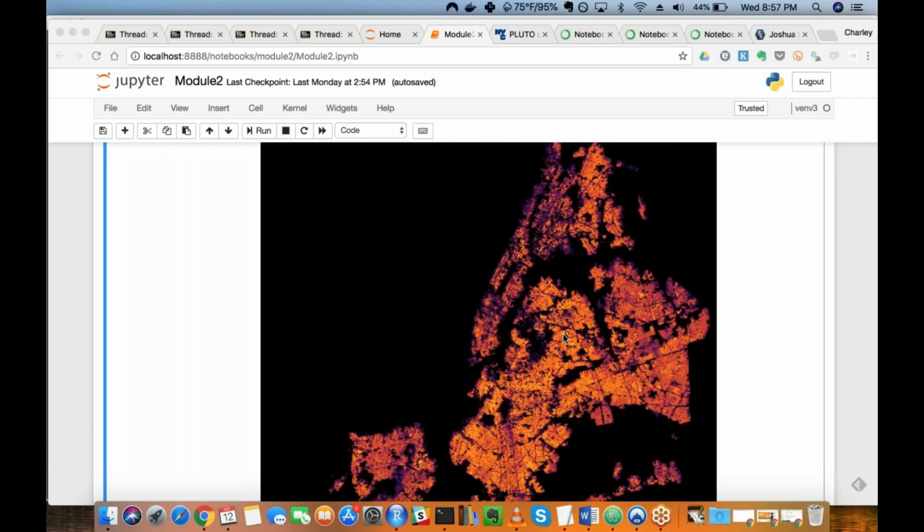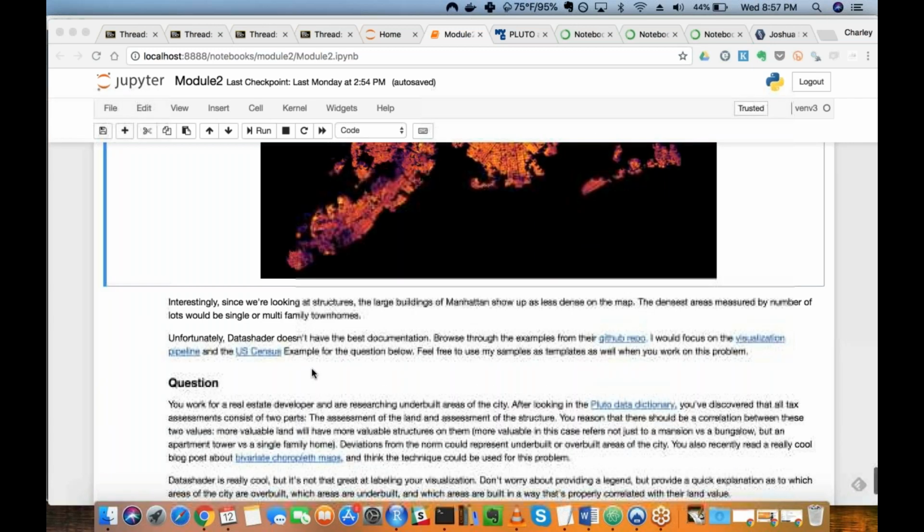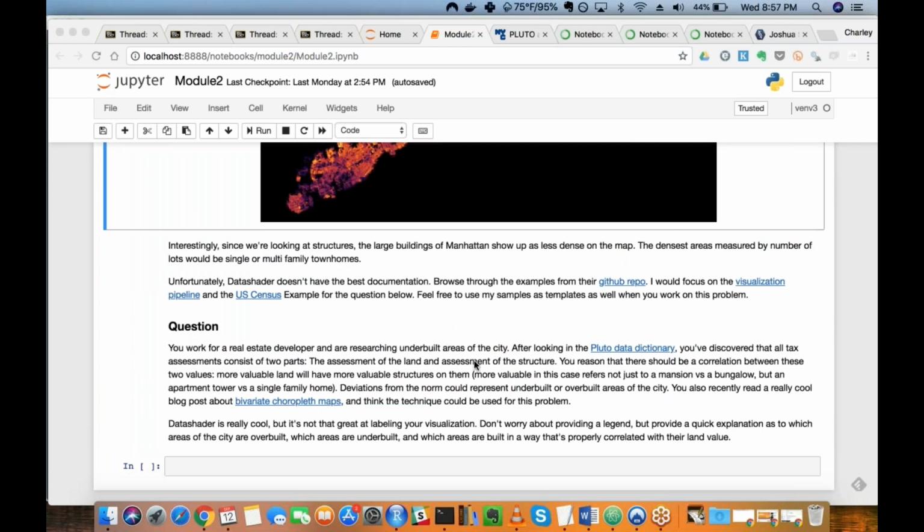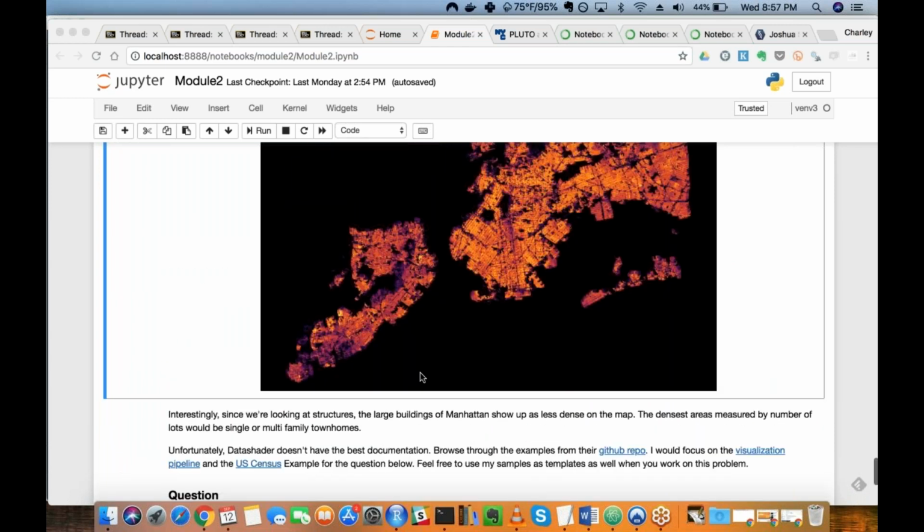So you could almost see this as we have our variables for latitude and longitude, and we also have a numeric scale for the density of buildings being shown. And what I was asking before was, what we're looking at is the value of the land.